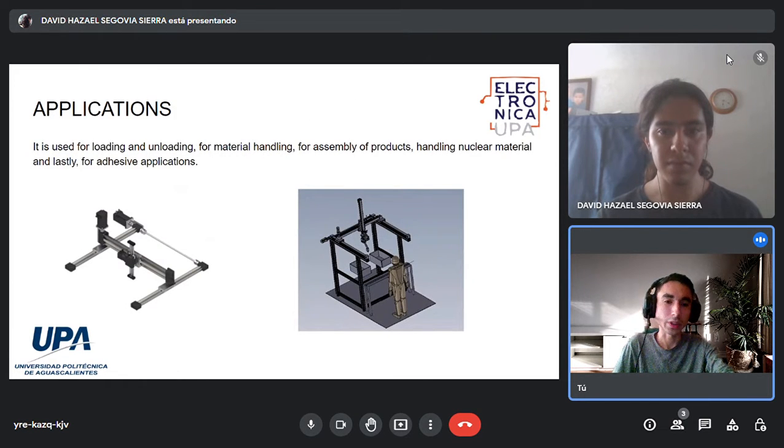So now, some of the applications that these robots have are loading and unloading, material handling, assembly of products, handling nuclear material, and lastly adhesive application. Other applications are plastic molding, assembly, and machine tending.